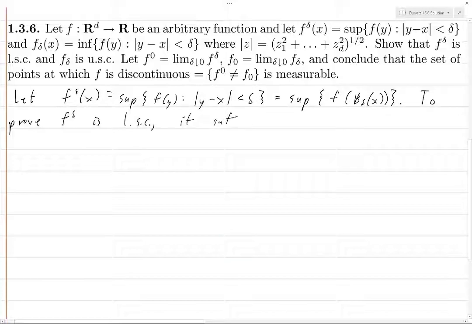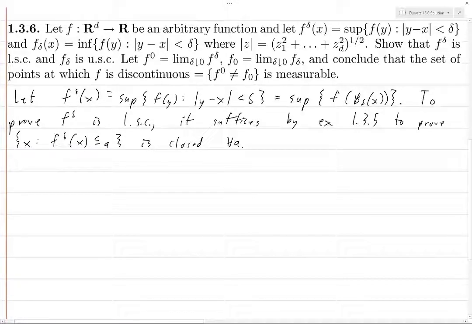It suffices, by exercise 1.3.5, to prove that the set of all x such that f upper delta of x is less than or equal to a is closed for all a. Remember, in that exercise we proved that these are equivalent conditions.